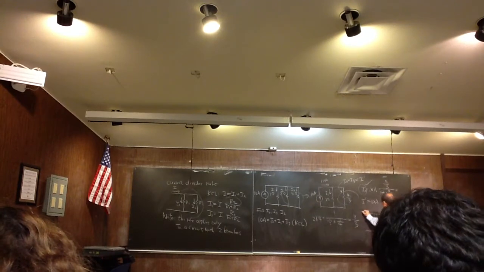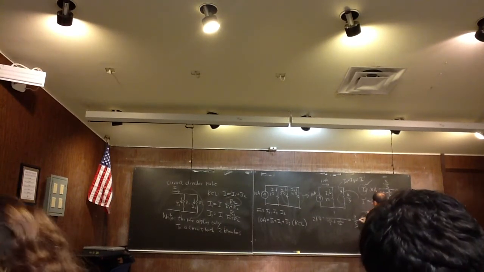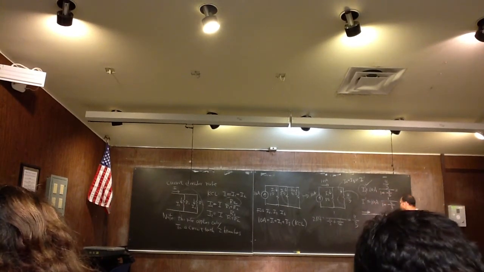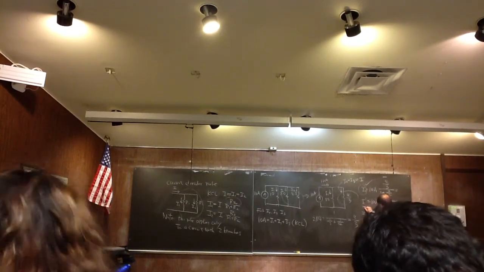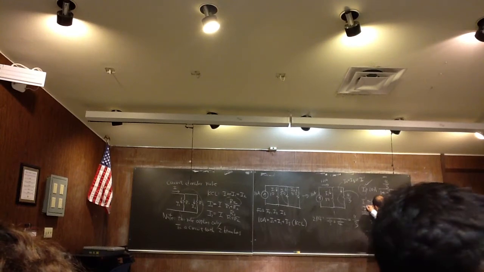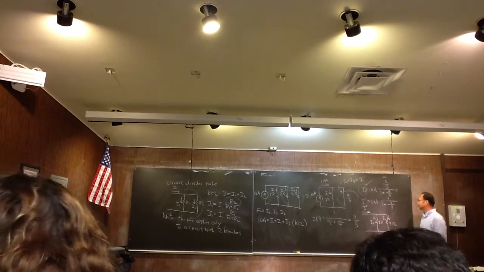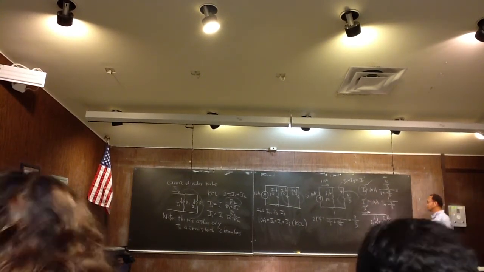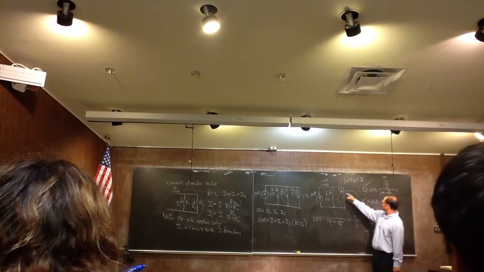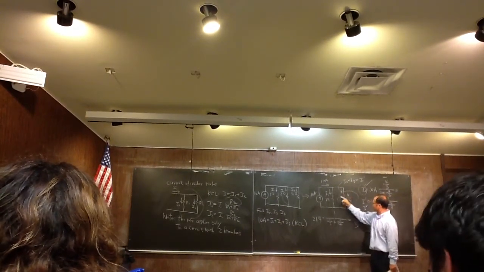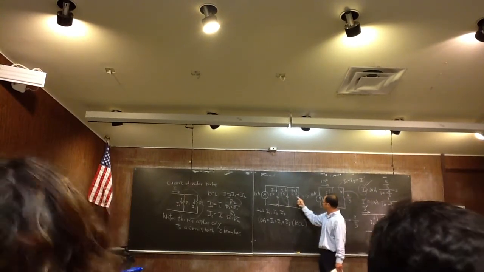Then this current entering this 2 ohm is I prime. Correct? Because I prime is the current of the combination of the 2 ohm and the 4 ohm.